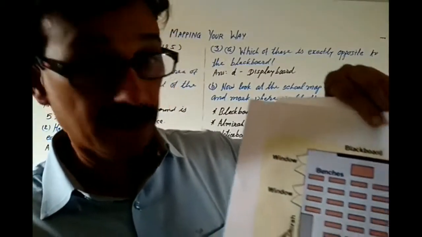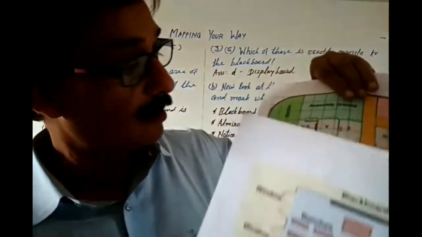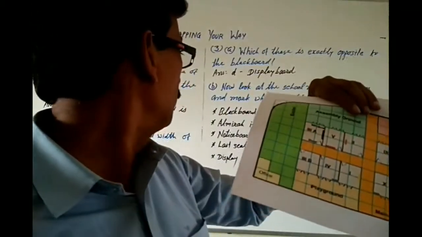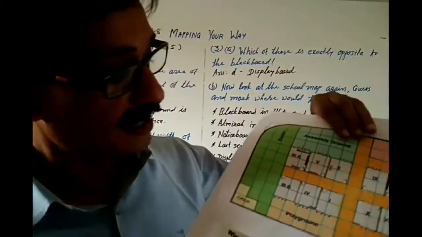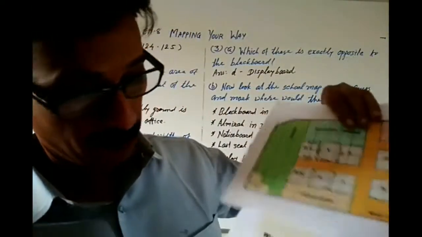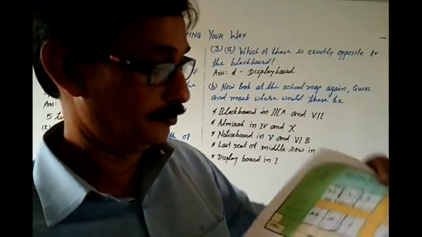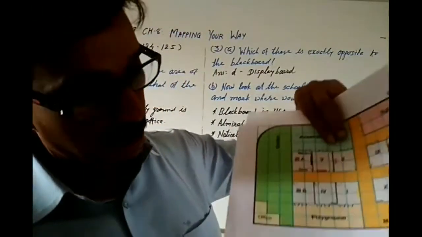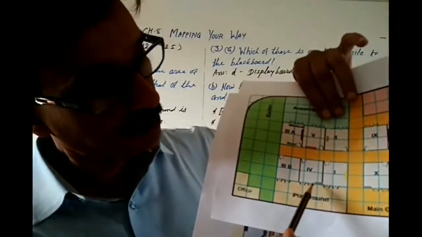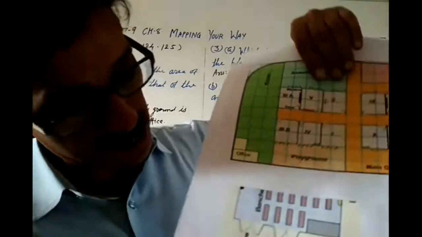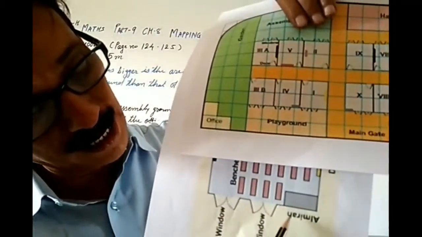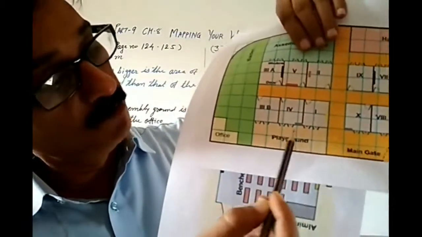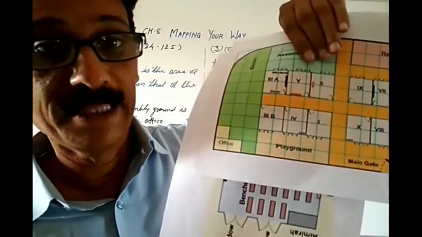If windows are there, then the almirah can be over here. Once again, look, in the 4th standard these are windows, and here the almirah. So in the 4th standard also the almirah can be there.